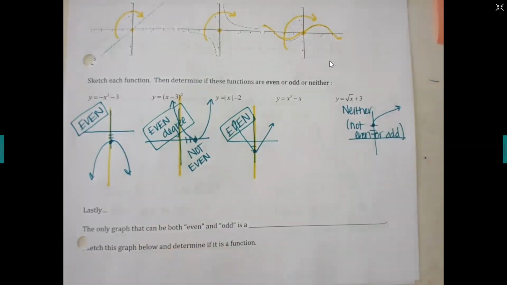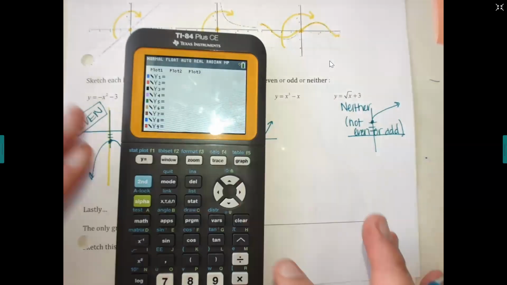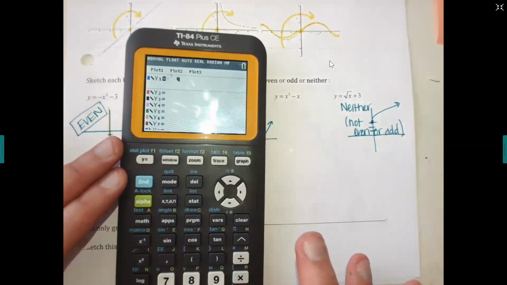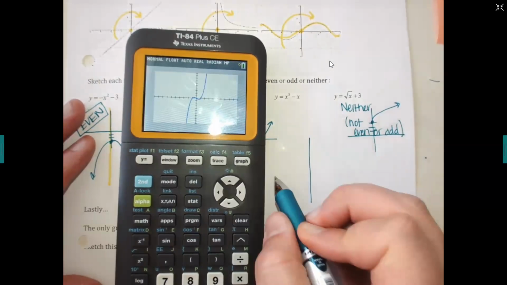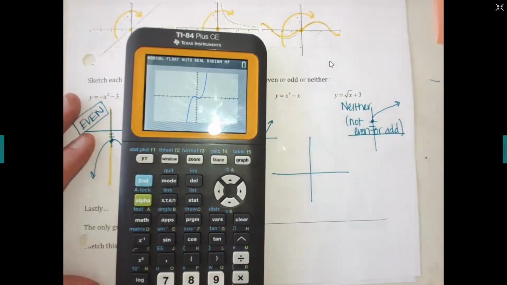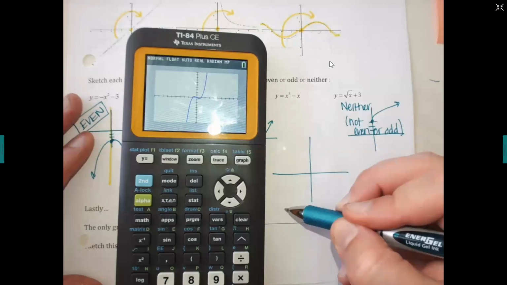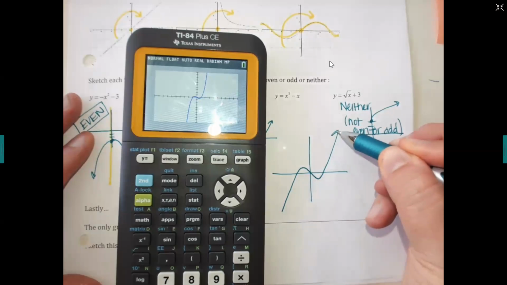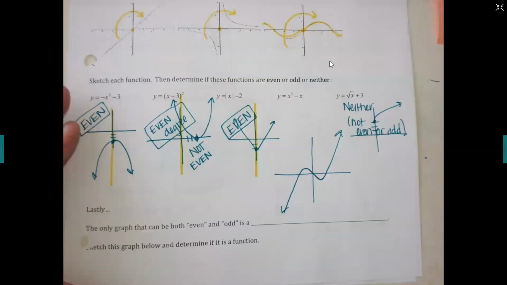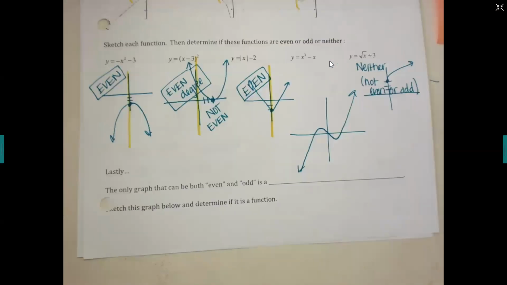Okay, last one. Can I steal your calculator for the graph? Okay, last one. It's y equals x cubed minus x. Let's see what it looks like. Okay, sketch your graph right here. Okay, so it looks like it goes up, down, up, like that. Okay, just do your best. Is that even or odd degree?